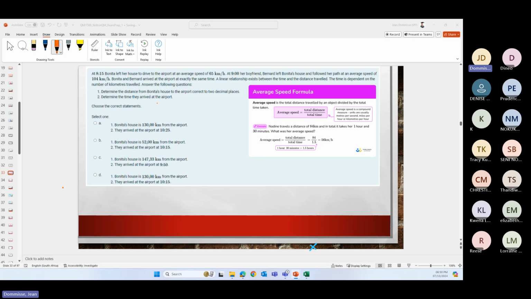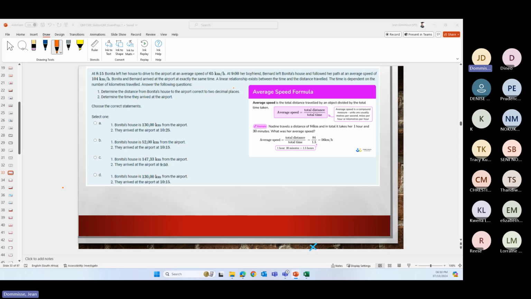What I did in this instance, when I first read this, I said, okay, she left at 18:15 from her house. She drove at 65 kilometers an hour. Then he left at 9, and he drove at that.